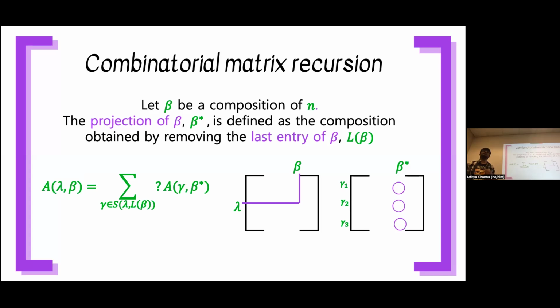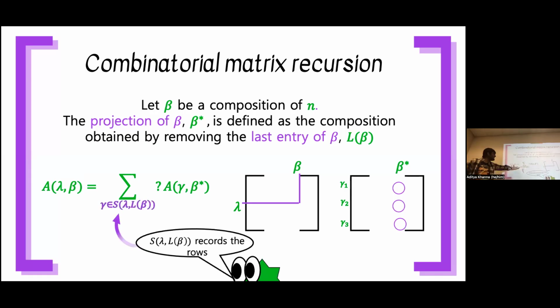Those could be determined by what you're studying. Like in the Kostka matrix, they were removing these boxes. They could be something else. And you get these gamma 1, gamma 2. And this is sort of recording which rows to pick.